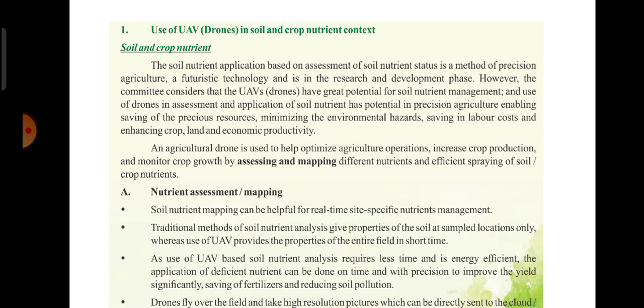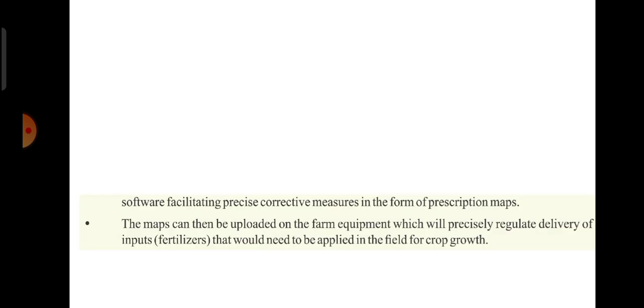Drones fly over the field and take high resolution pictures which can be directly sent to the cloud software, facilitating precision corrective measures in the form of prescription maps.